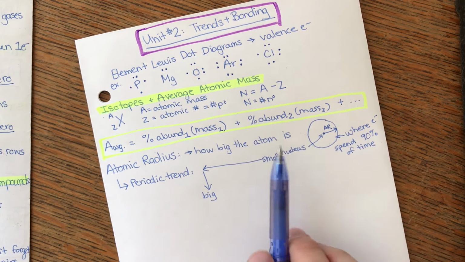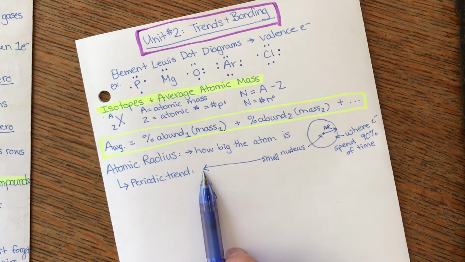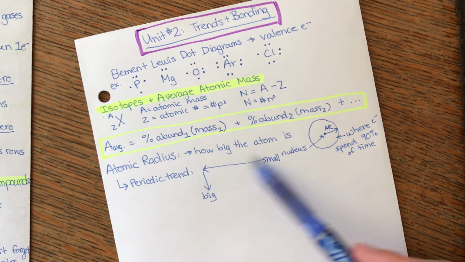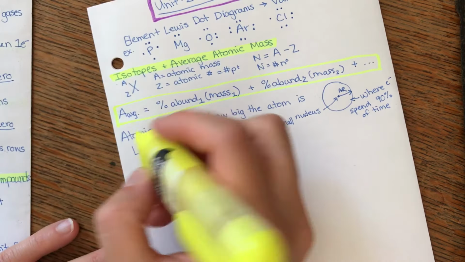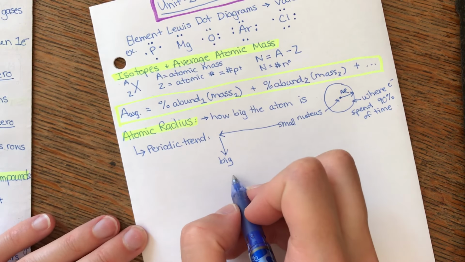It increases from right to left because we have a decrease in the effective nuclear charge, and then it increases as well from top to bottom because we're getting more and more layers of shells. We'll highlight atomic radius there. The next one was ionization energy.